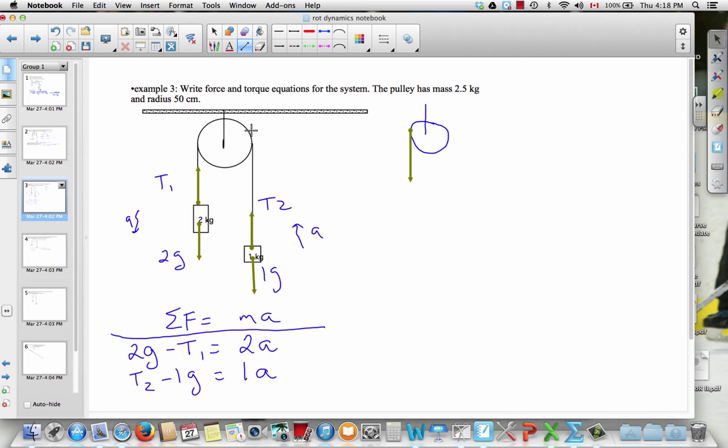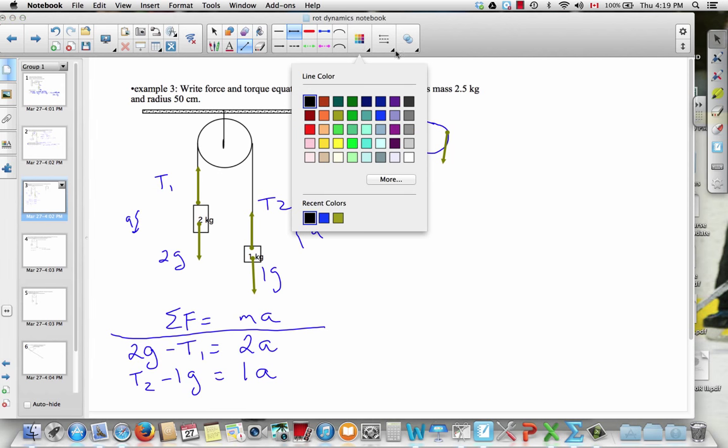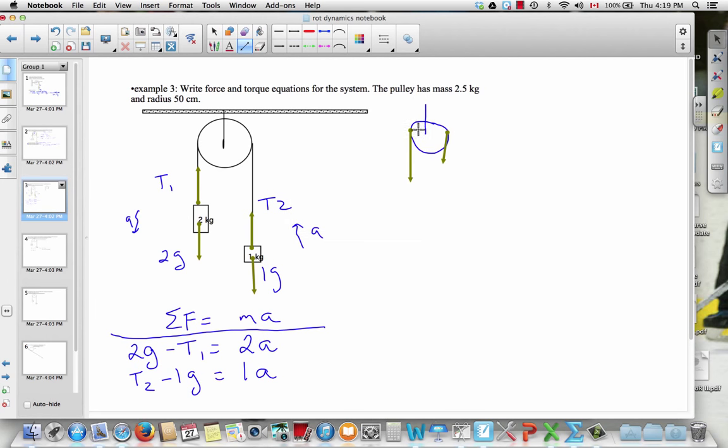Because this weight's larger, that tension T1 will be a little bit bigger than the tension T2. We've also got an upwards force F that is supporting the pulley and string right here, and we've also got the weight of the pulley. Now, the pulley, whatever it's doing, isn't going up or down, it's just rotating.